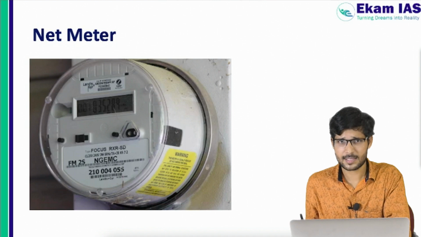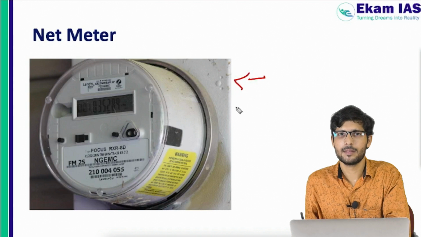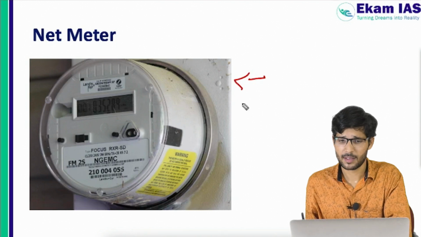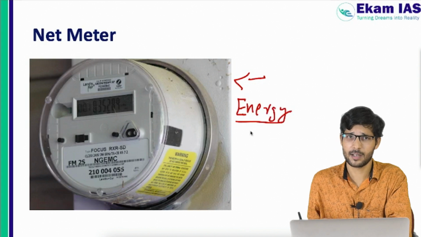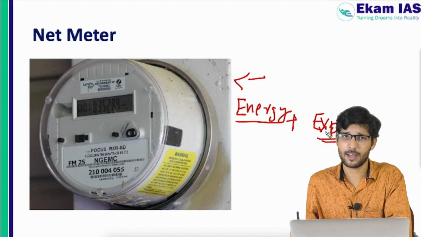This device will measure both the energy consumed by the residential consumers plus the energy exported by them. That means if they are producing more energy and exporting that to the grid, that will also be measured.